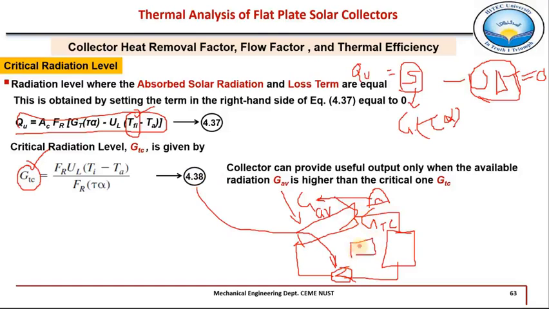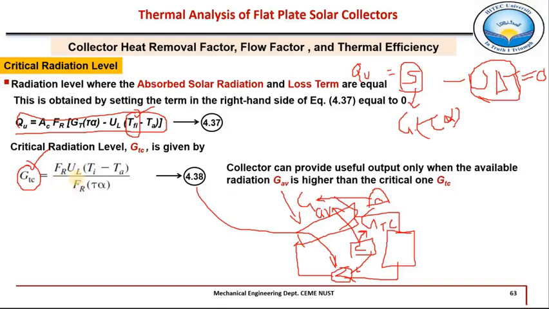So there is a control system which is measuring G available, comparing it with G critical, and after comparison, if this term is a positive value, meaning G available is greater than GTC, only then it will turn the pump on, because only then we have some useful output or useful heat gain, right? So that could be a strategy to control the operation of that pump.